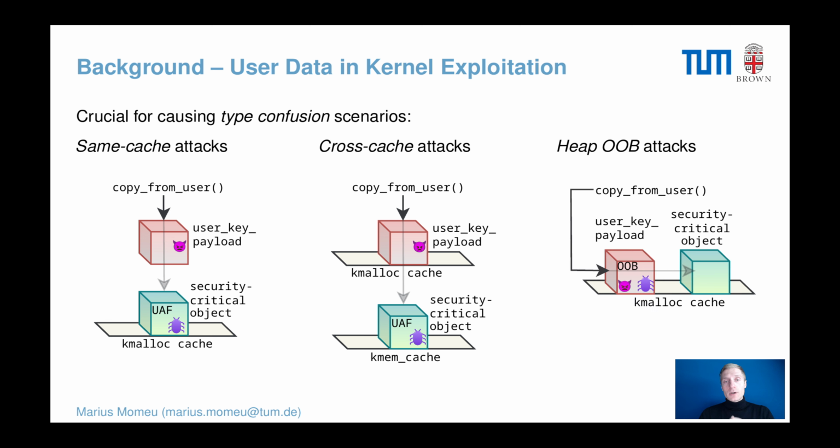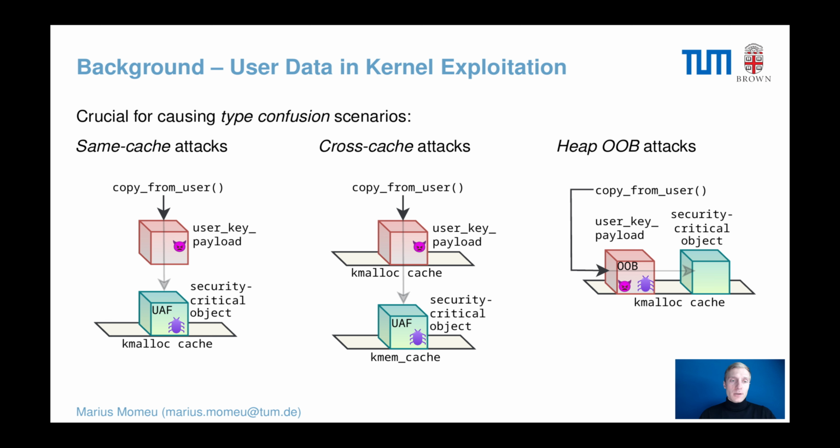And furthermore, attackers also leverage user-controlled objects to exploit heap overflows by massaging the heap allocator so that a user-controlled object that's the victim of a heap overflow is placed next to a security-critical object on the same memory page and use the overflow of the former to corrupt the contents of the latter.